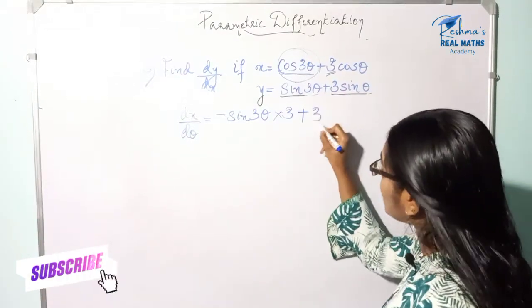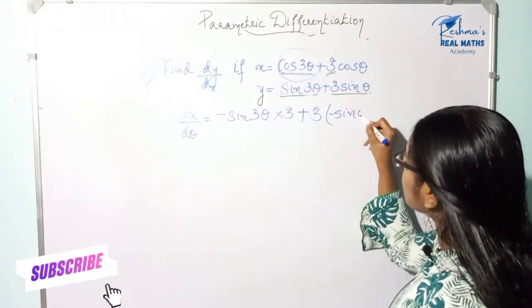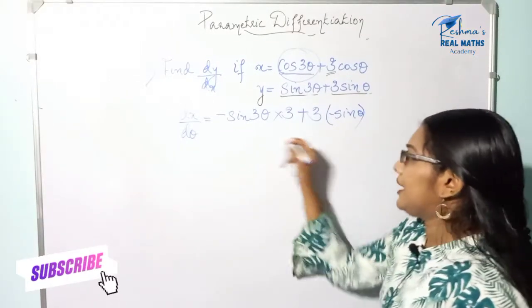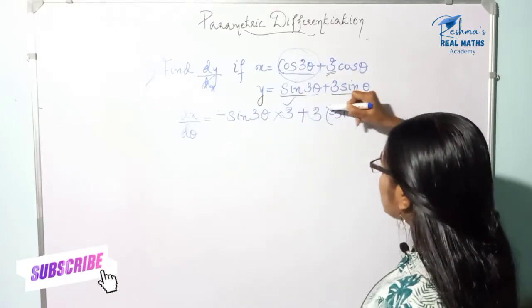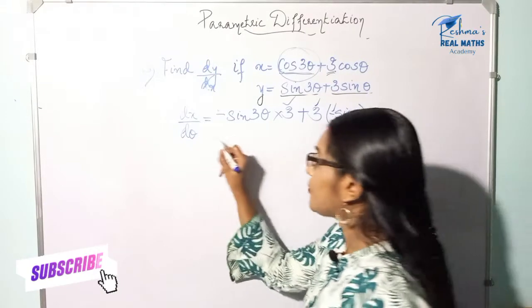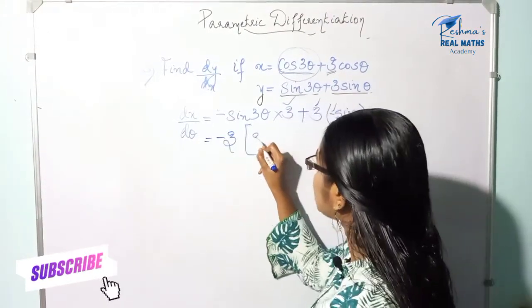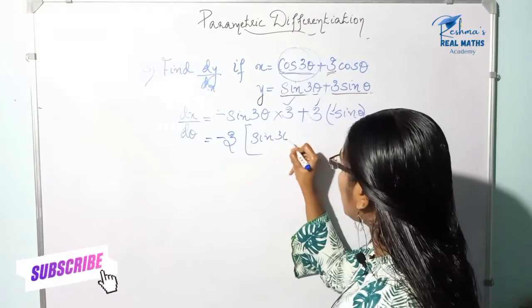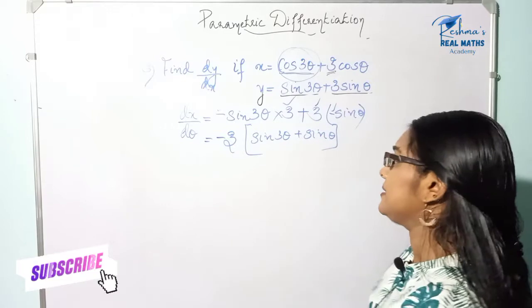Here 3 is constant. Derivative of cos theta is minus sin theta. Now look at this. Here negative as well as 3 is common for both the terms. So we take minus 3 outside. Then what remains? Sin 3 theta plus sin theta remains.